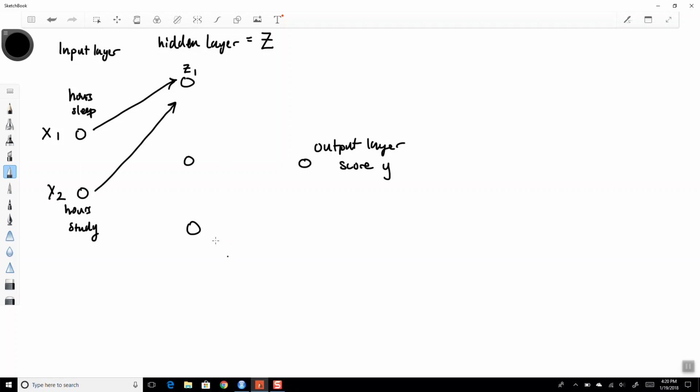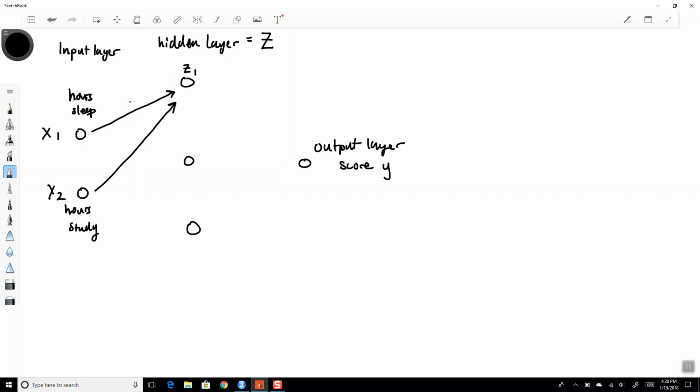Basically, all we do is we take our, I just want to redraw this a little bit. We just take the values that come in, x1 and x2, and we just multiply them by weights, okay?